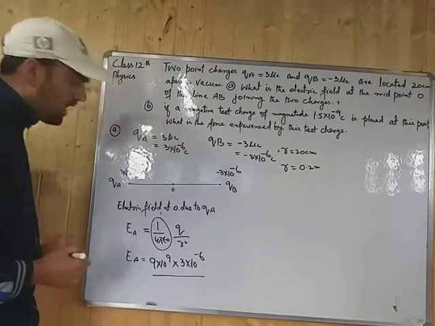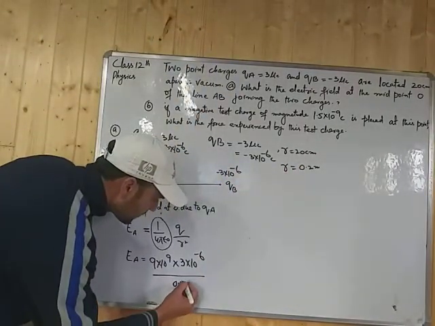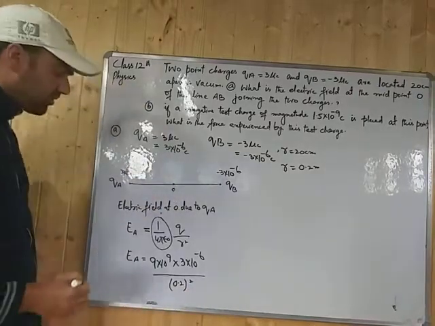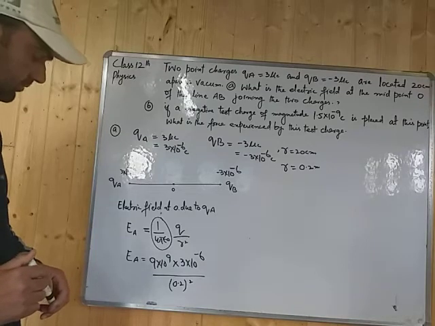Divided by R square, with R as 0.2 meters whole square.